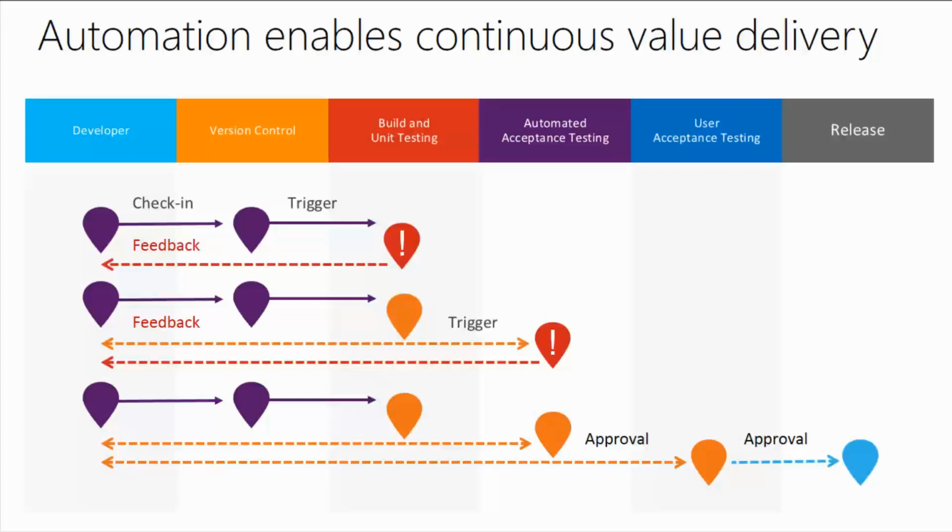But with large enterprise organizations or distributed environments where you have teams spread all across the world, for example, it's difficult to manage. So to enable DevOps to have an automated continuous value delivery, we need to take a look at different tools that are available as well.